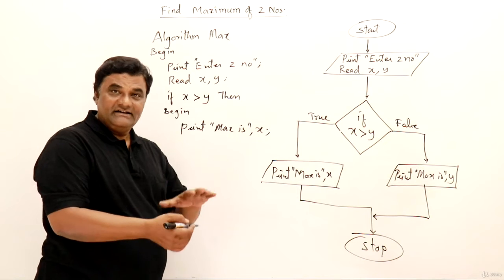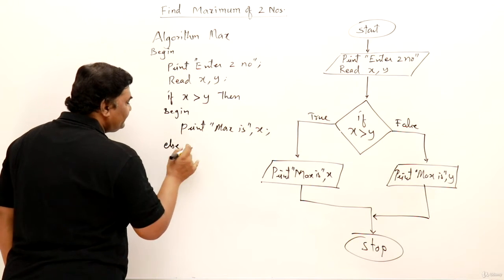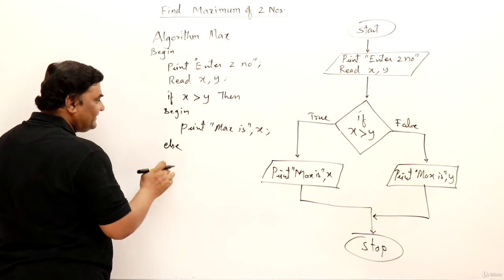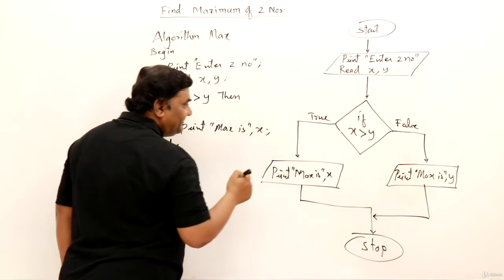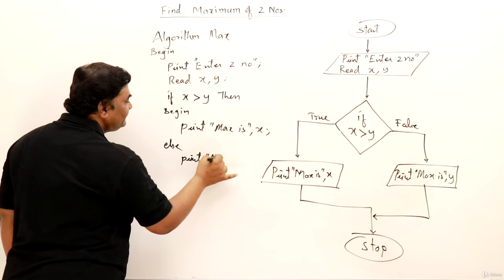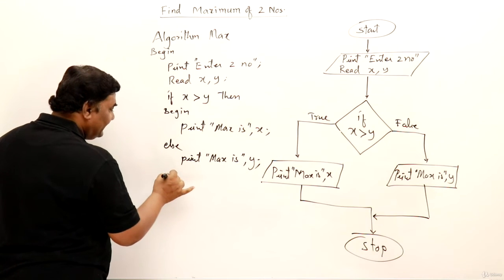Now I have to start else block. So I need not write end here. I will write else because it's a continuation of if, right? If then else, right? Else what I have to do? Print max is y. Then after this say end.